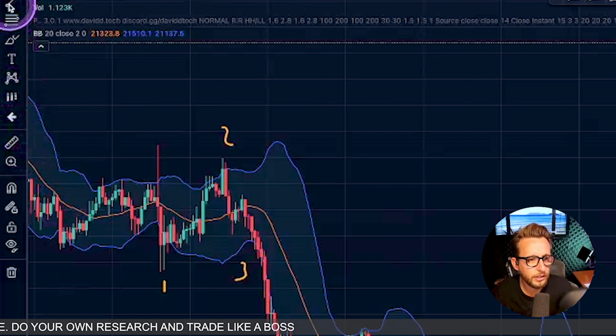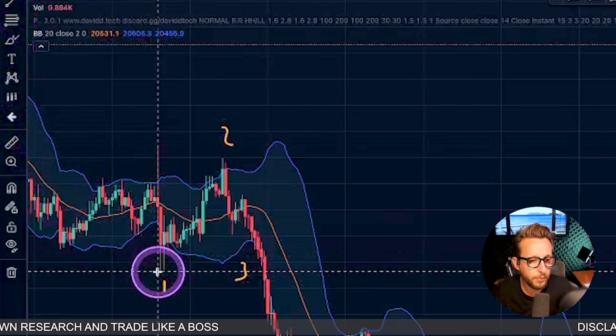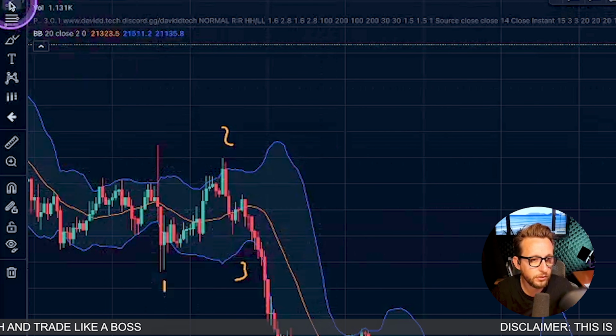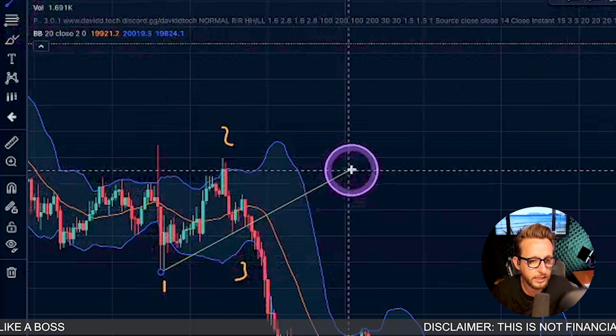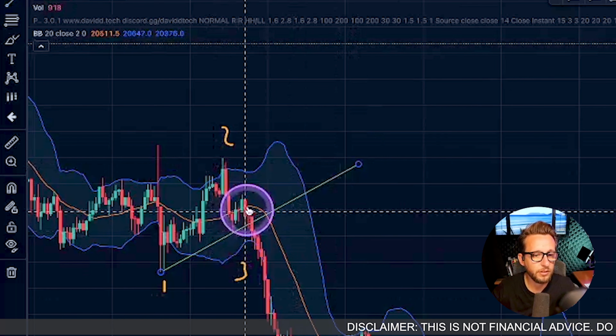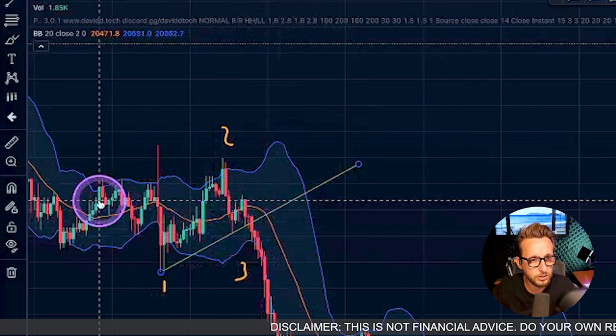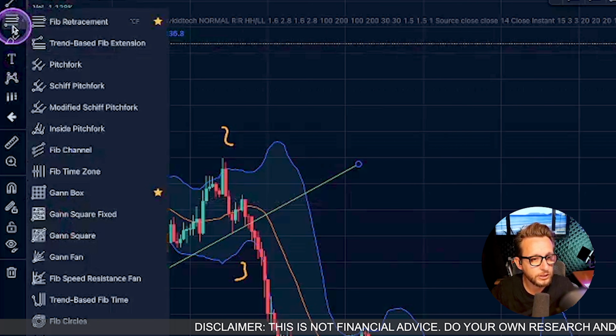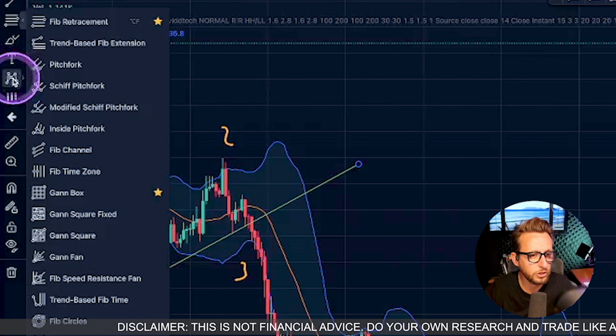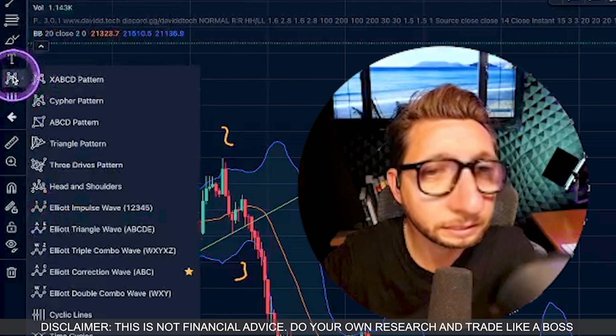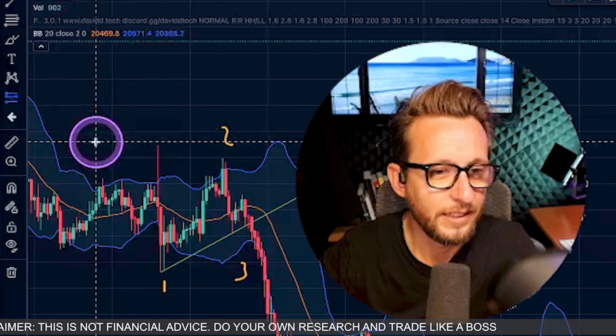So we're going to draw our trend line from the bottom of 1 across 3, just like this here. And once we cross back below that and break this trend line, we're going to enter our short. So if I go over here and click short, that's not short in the slightest. That's short.